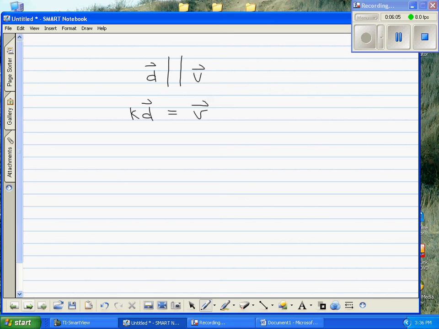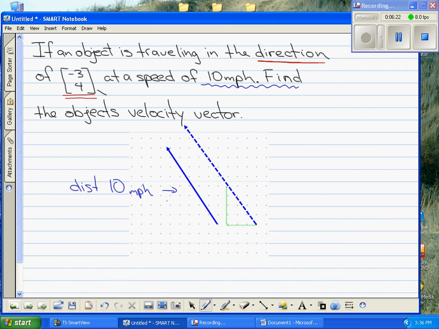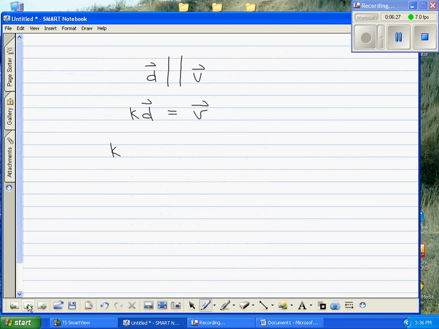So what is vector D in component form? Going back to my problem, vector D in component form is -3, 4. So I'm going to place that right here, -3, 4. I don't know what my vector V is, so I'm just going to call it the variables x, y.